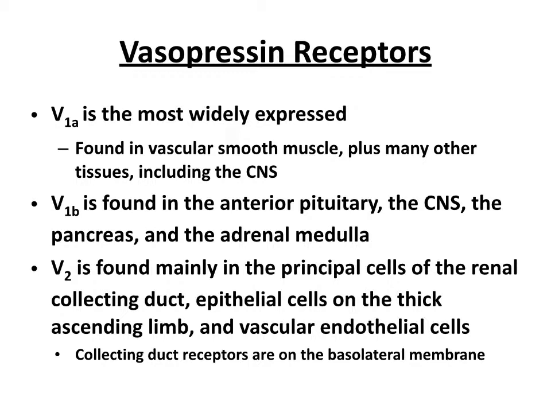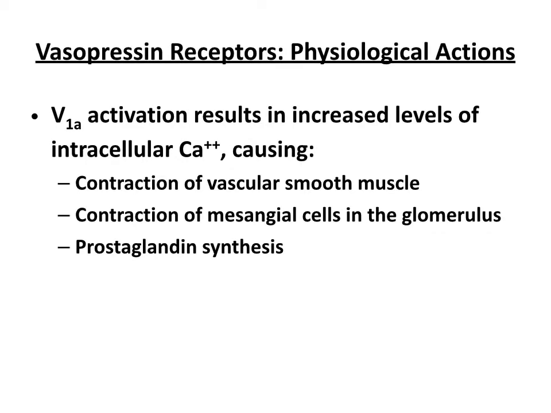Okay, so with V1 activation, of course, the V1 receptor mainly couples to Gq and is also associated with that calcium channel. When the V1 receptor is activated, you're going to get increased intracellular calcium. Remember, I just said this receptor is found, among other places, on vascular smooth muscle, right? So it's going to cause the contraction of vascular smooth muscle. It can also cause contraction of mesangial cells in the glomerulus.